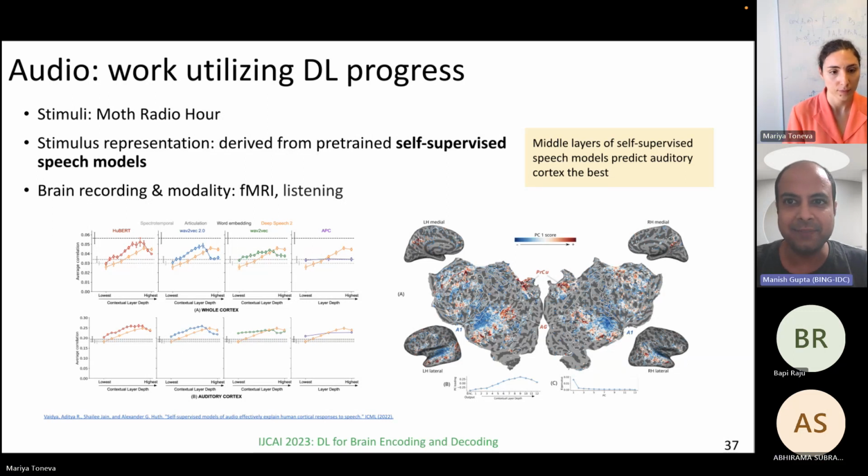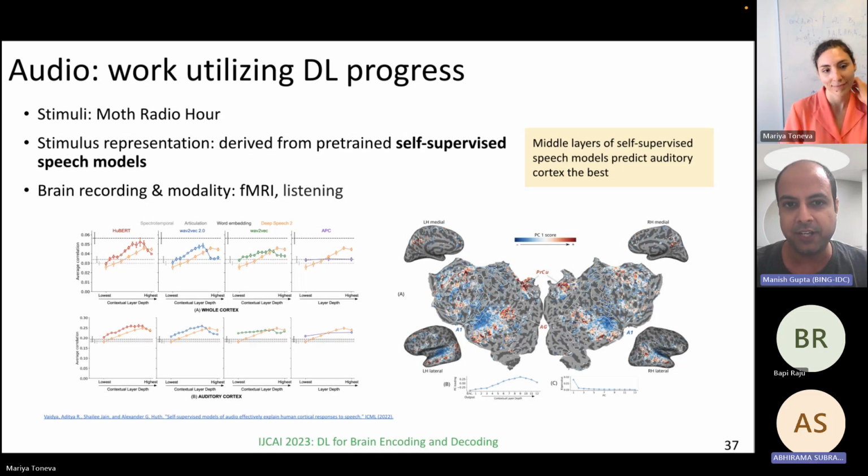Right. Just to add, Mariya, I'll also add that in parallel Interspeech is happening, and at Interspeech we have a paper where we have also done some of this audio work. Just where Mariya left off, we have taken models fine-tuned from the Wav2Vec 2.0 model on several kinds of speech tasks, like automatic speech recognition, keyword spotting, speech emotion recognition, speaker identification, and so on.